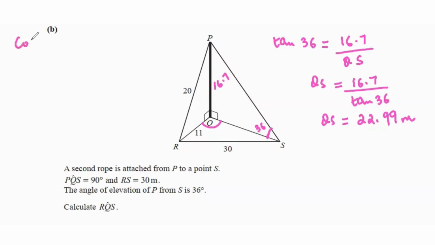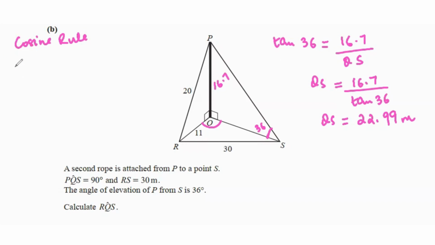Then we will use the cosine rule to find the angle, because as you can see, we have all three lengths given, which is one of the conditions of the cosine rule. If all three lengths are given and you're trying to find a missing angle, and it's a non-right angle triangle, you can use the cosine rule for this.